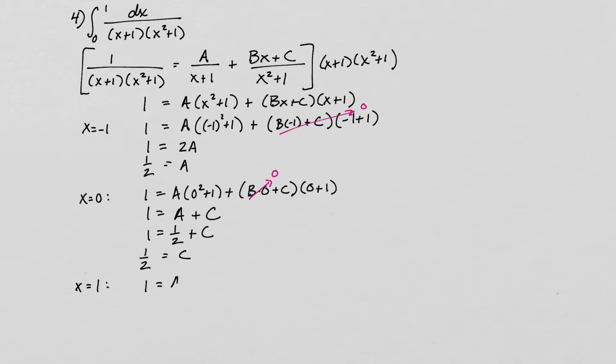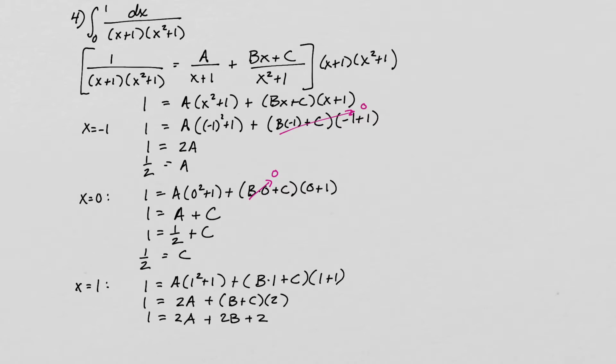So 1 is going to be equal to A times (1 squared plus 1) plus (B times 1 plus C) times (1 plus 1). So 1 is going to be equal to 2A plus (B plus C) times 2. So 1 is going to be equal to 2A plus 2B plus 2C.